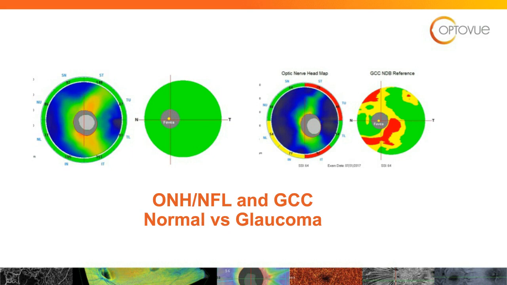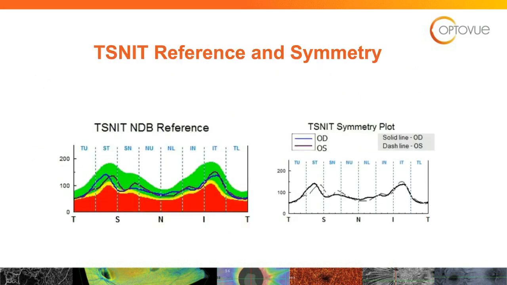We can also use the TISNET reference chart. On our left-hand side, we're seeing the right eye and the left eye being compared to the database, as we're looking at the green, yellow, and red. And remember, green represents patients within the database within 95%.